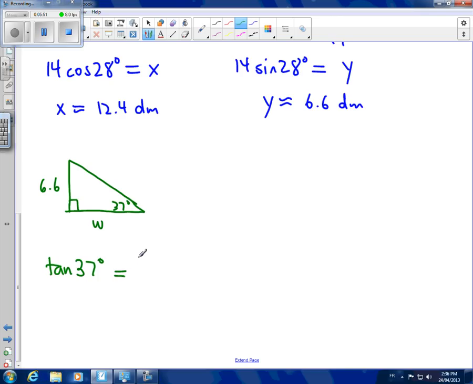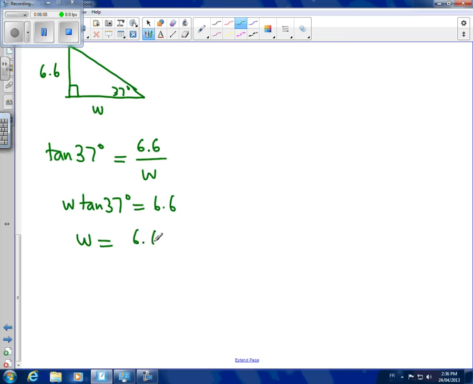So tangent equals opposite divided by adjacent, and I'm going to solve this for W. W times tan 37 equals 6.6, so W equals 6.6 divided by tangent of 37 degrees, and I get that W is approximately 8.8. That's a lot of rounding there. Oh well, I'm okay. So I just found W.